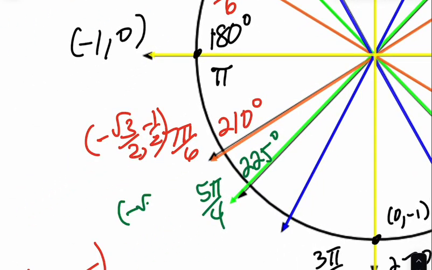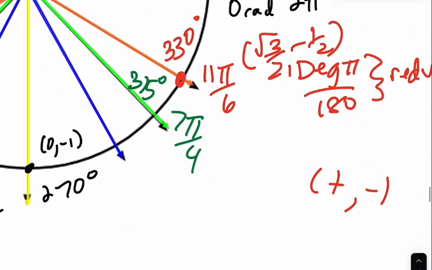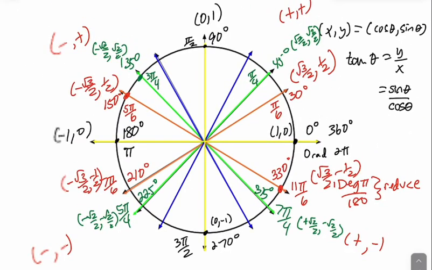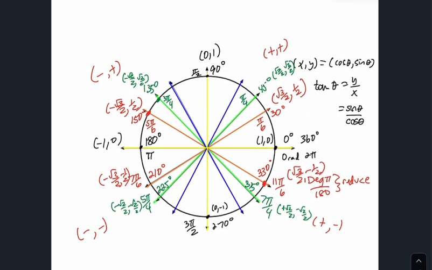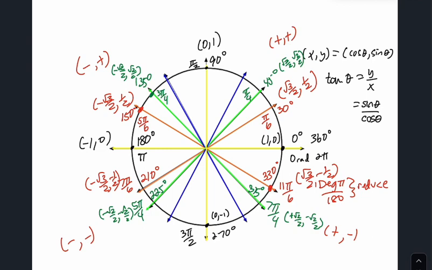Negative, negative. And positive, negative. So all the 45 references have square root of 2 over 2s.